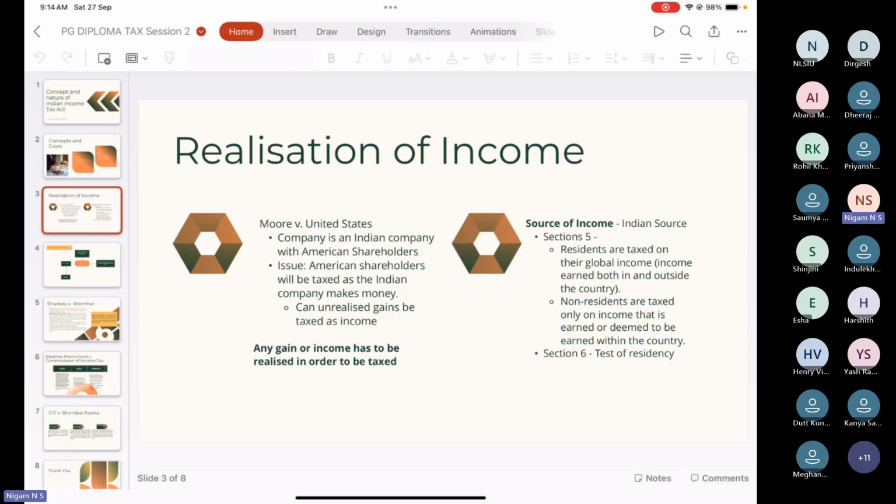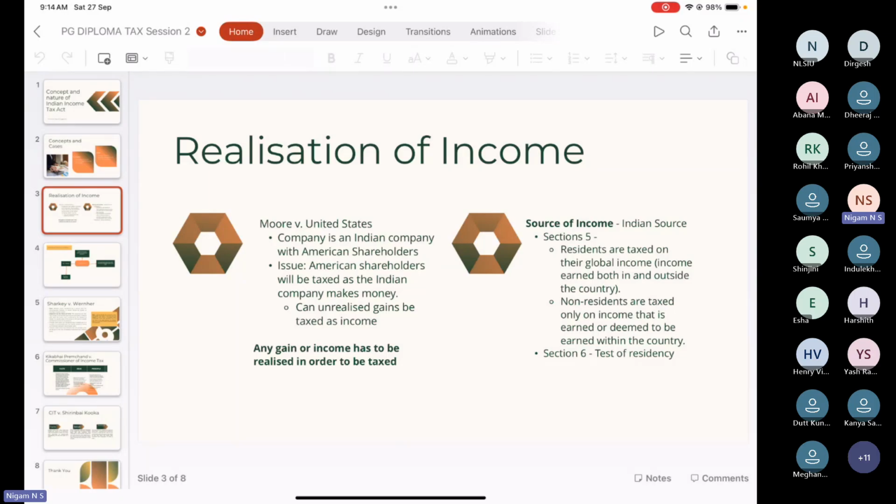So this idea of realization of income is very important, and that was the underlying idea in Section 4 of the Indian Income Tax Act, which we discussed last time. And in that, we had discussed this idea that income ought to be realized.